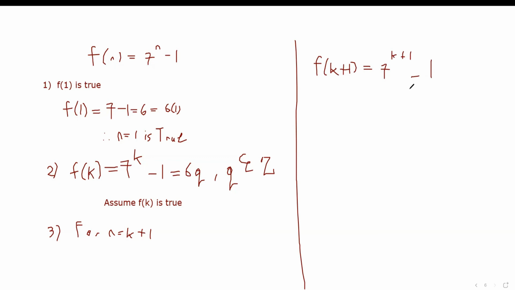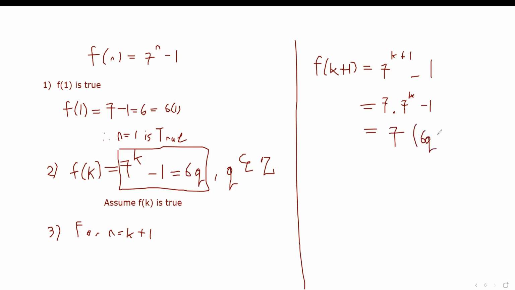Now, what we can end up doing is break up 7 to the k plus 1 as 7 times 7 to the k minus 1. But then we know from this step right here that 7 to the k minus 1 is 6q, and so 7 to the k would be 6q plus 1. So we can end up writing that this is 7 times in bracket 6q.